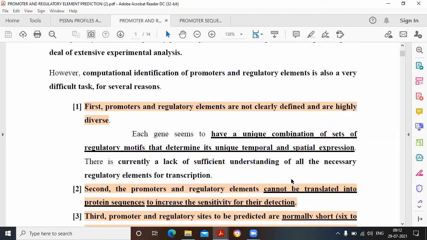Problem number one is that the promoter and regulatory elements are not clearly defined, and therefore we can say this is a highly diverse sequence. When a lot of variation is there in the sequence, it becomes a very challenging process and a challenge for all algorithm designers. It is a problem for them to prepare a single process or a single set of steps, such that by following a single algorithm we can predict it.